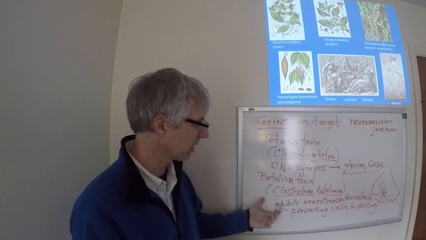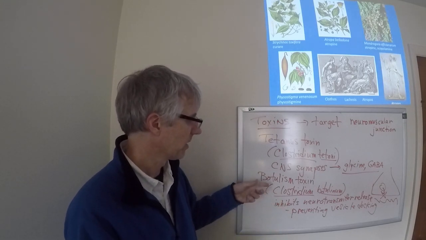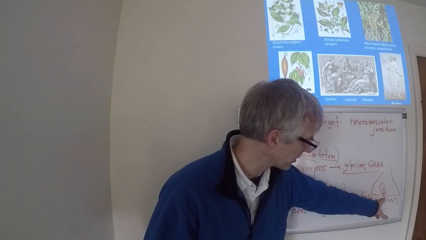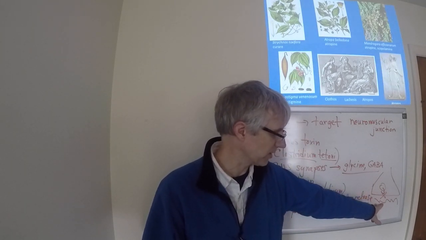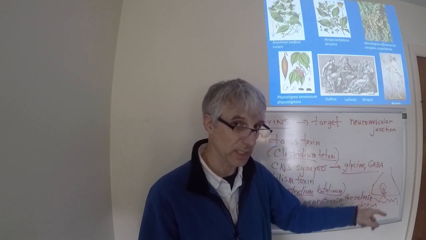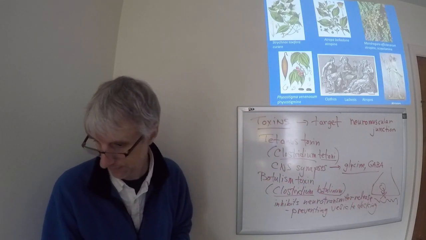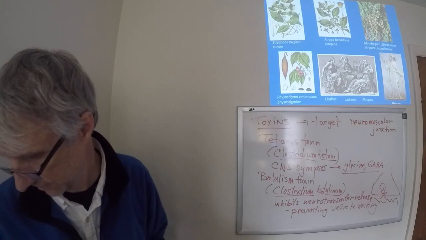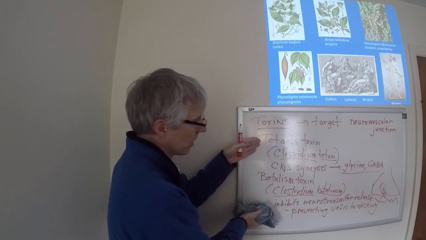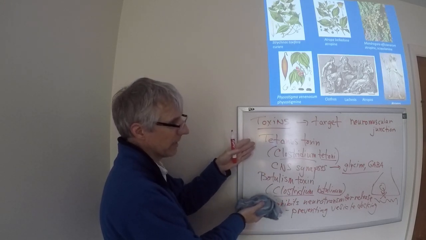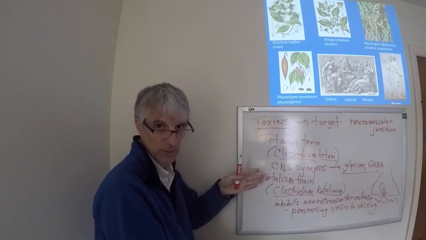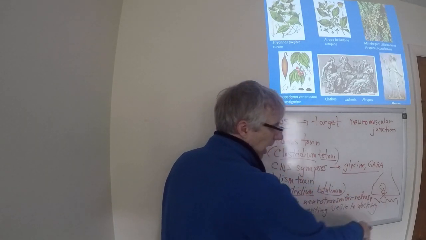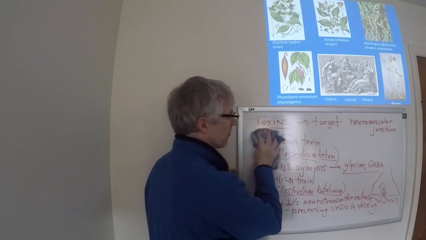I prevent the release of the neurotransmitter. So the Clostridium has shut down the interaction of this neuron with the effector cell by preventing the release of the neurotransmitter. Okay? All right, so this first model is prevent the release of the neurotransmitter. If you block neurotransmitter release, you block the signal from ever getting to the effectors.